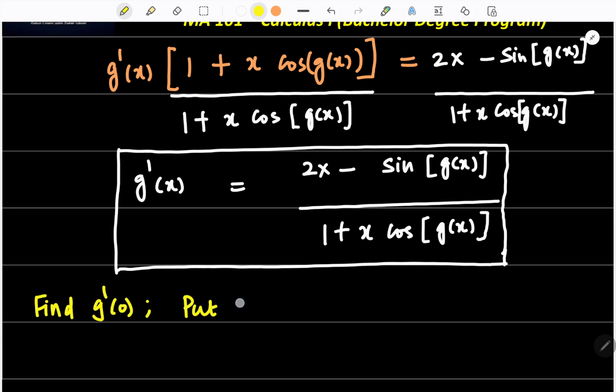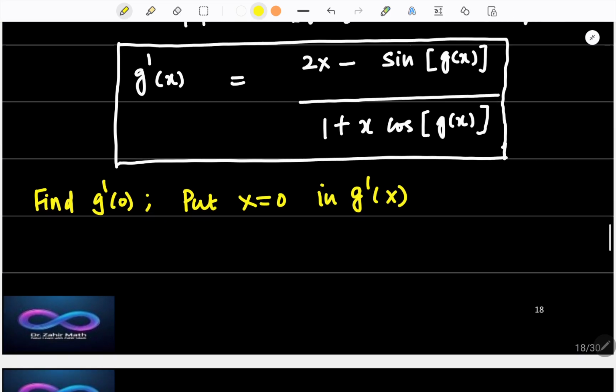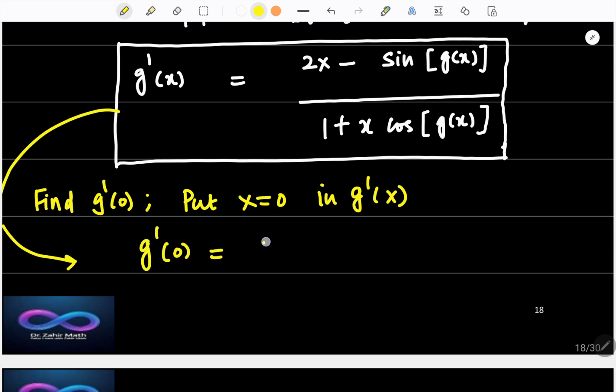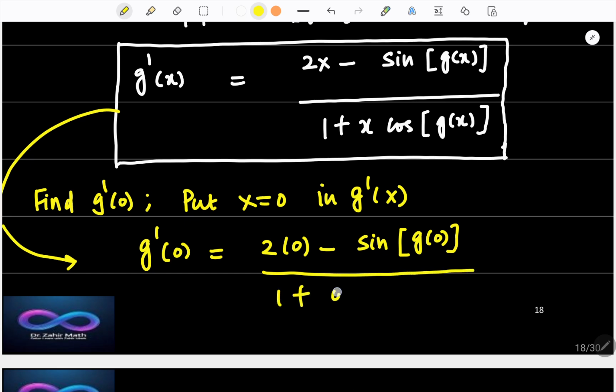It means you are going to put x equals 0 in g dash of x. So let me put here. So g dash of 0 equals 2 times 0 minus sine g of 0 divided by 1 plus x is 0 and cosine g of 0.